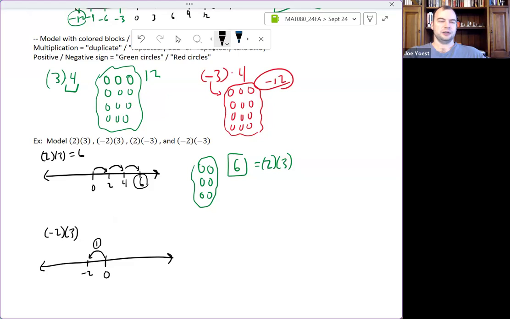There's once going in the left direction. There's twice. And 3 times. So negative 2 times 3 is negative 6. Right? Because this is like negative 2 plus negative 2 plus negative 2. So I'm kind of like facing left and then moving forward in that direction 2 units. And I'm doing that 3 times.